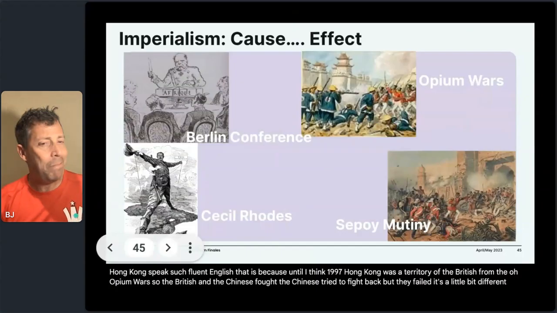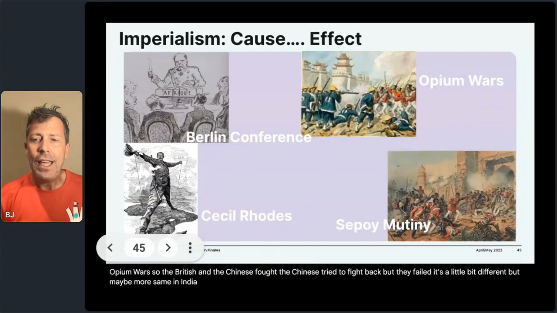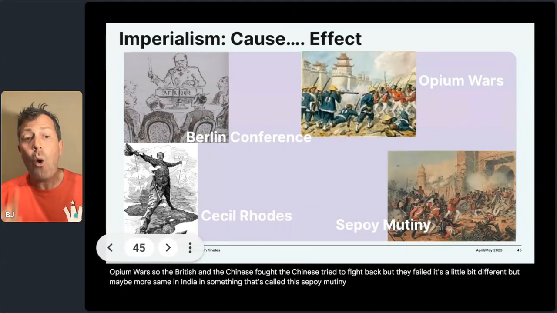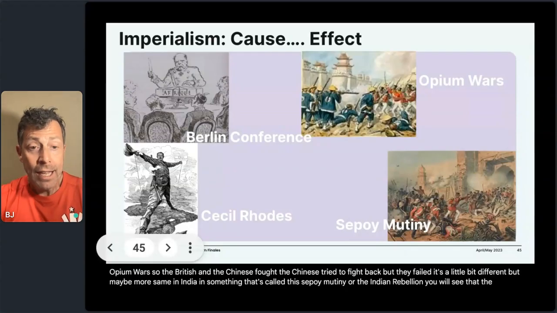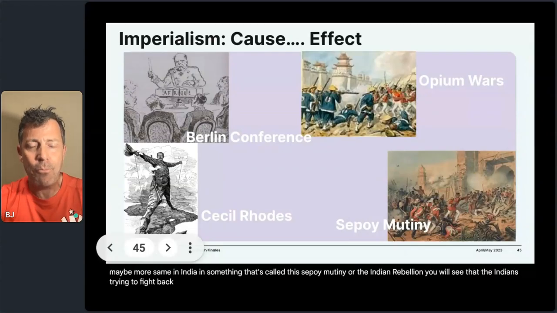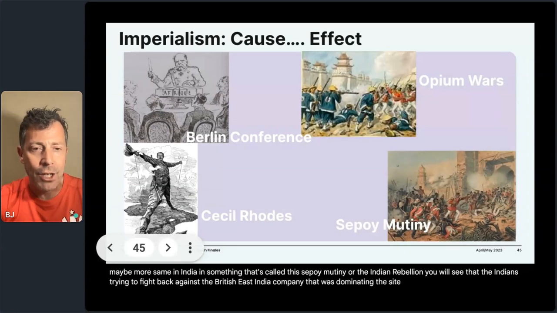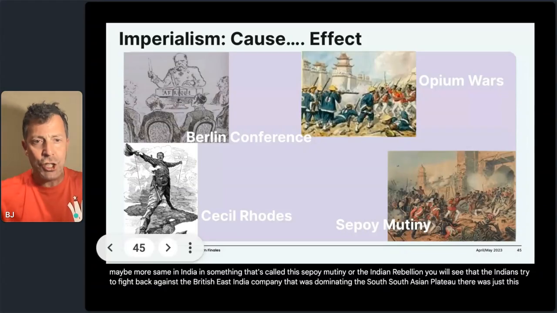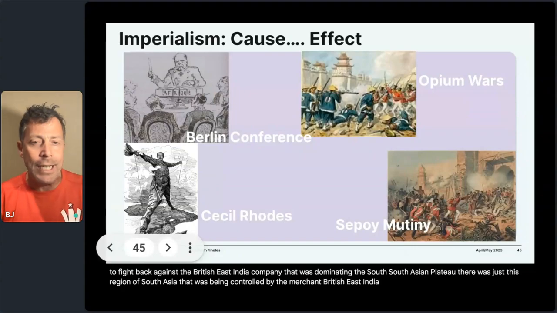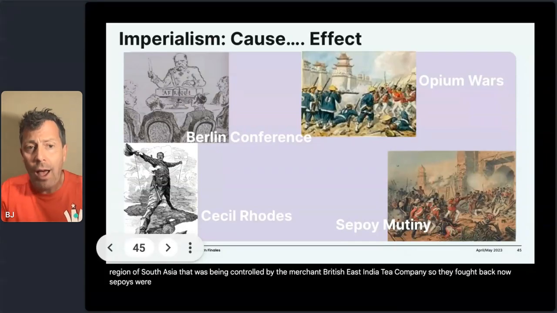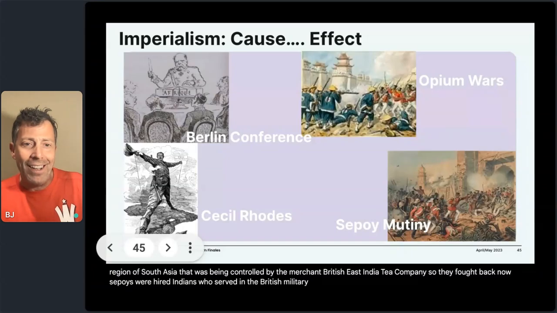It's a little bit different, but maybe more same in India. In something that's called the Sepoy Mutiny or the Indian Rebellion, you will see that the Indians tried to fight back against the British East India Company that was dominating the South Asian plateau. Right? There was just this region of South Asia that was being controlled by the merchant British East India Tea Company. So they fought back. Now, sepoys were hired Indians who served in the British military.